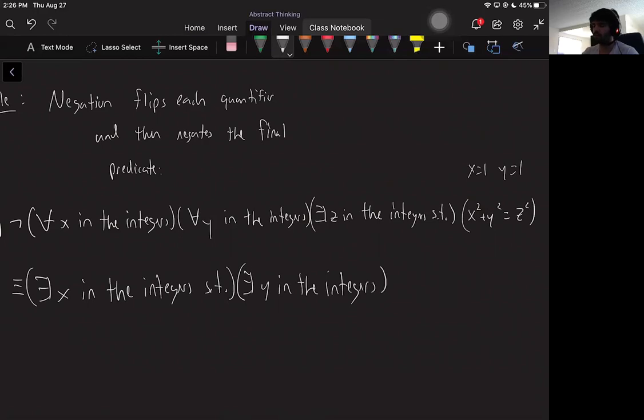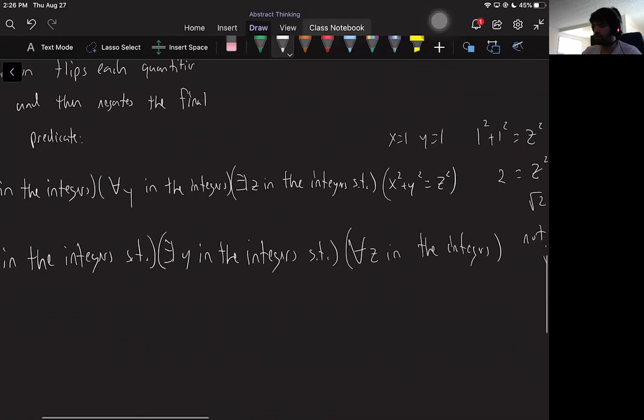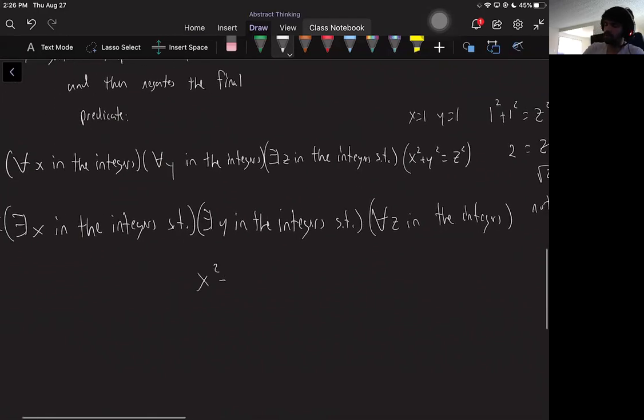There exist two numbers such that whatever third number you pick, no matter what it is, the predicate will not hold, meaning that x squared plus y squared will not be z squared.